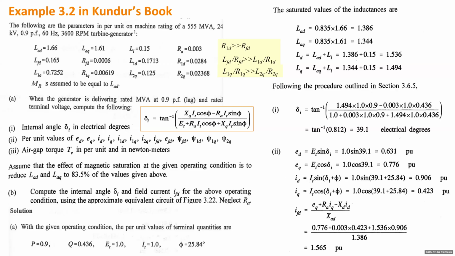So D axis corresponds to real value, and Q axis corresponds to imaginary value. Here sine, cosine, because the delta is defined to be the angle in the Q axis. So ET will be leading the EQ. If we go back to that phasor diagram.